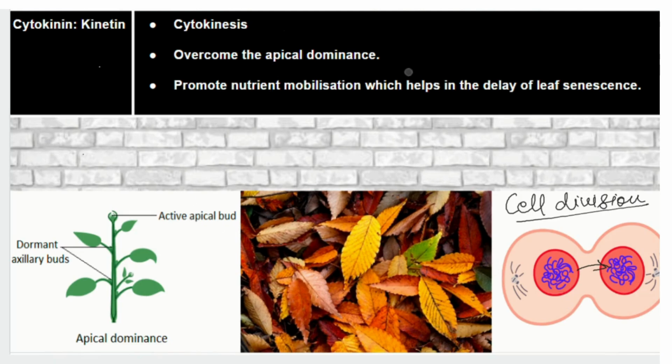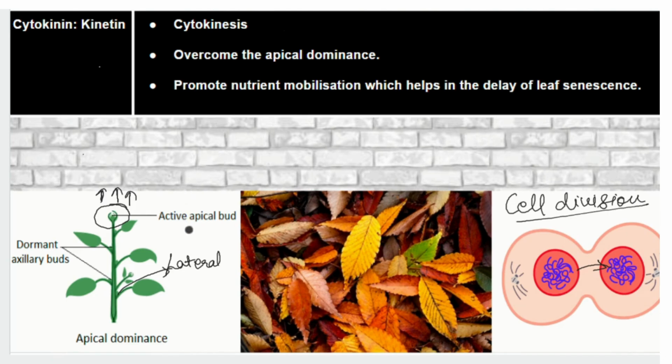Next role is to overcome apical dominance. Apical dominance is the phenomenon where the active apical bud keeps on growing, and due to its fast growth, the auxiliary buds, or lateral buds, stop their growth, due to which the plant grows in length but does not become very bushy.